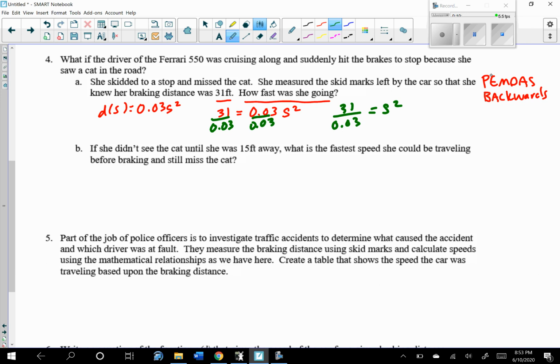Now I can do the exponent. So how do I get rid of a power of 2? Remember, when you do that, you take the square root. And every time you get rid of an even power, you need plus or minus the square root. But of course, we know we're not going to be using the negative because we don't have negative distances. So in our calculator, we can go ahead and plug this in.